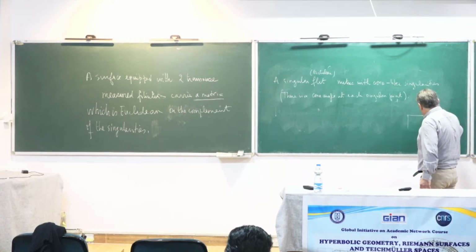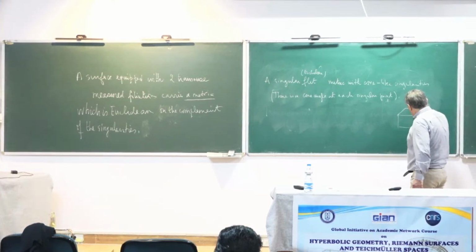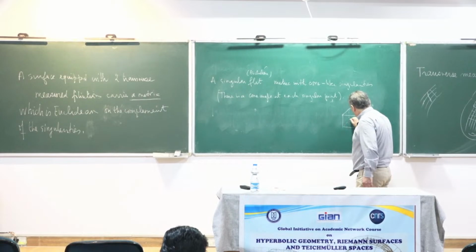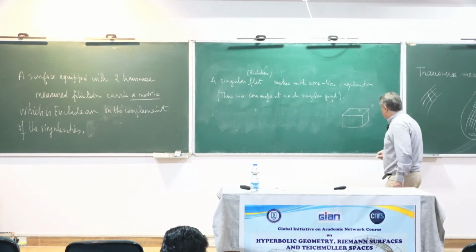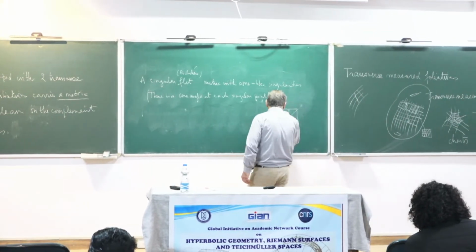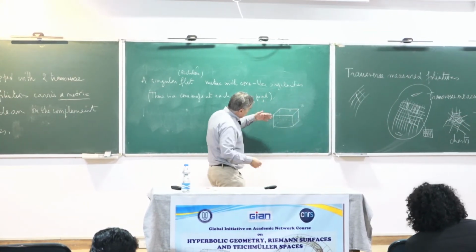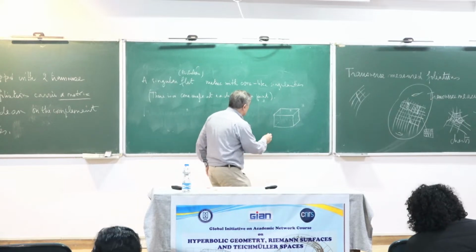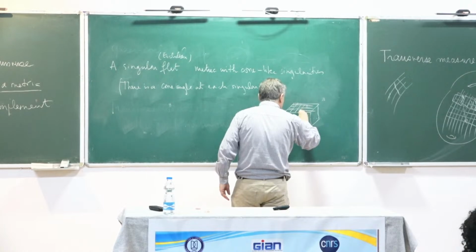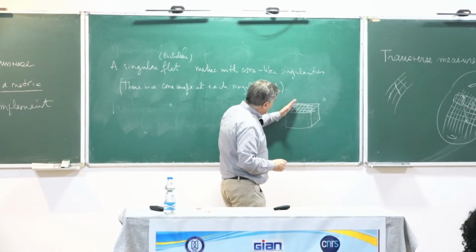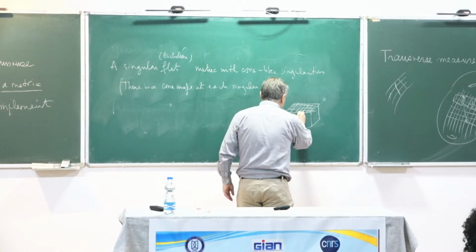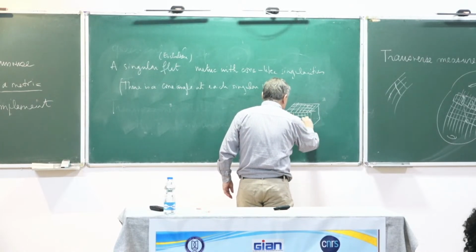So this is a surface, the surface of this parallelepiped. Here I have foliations perpendicular to the boundaries of my rectangle. Here I have two foliations.